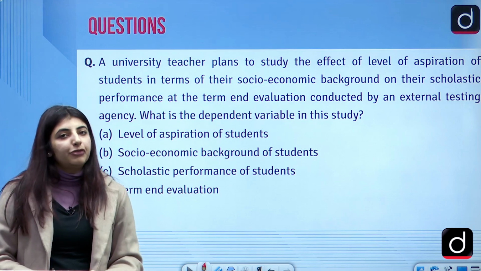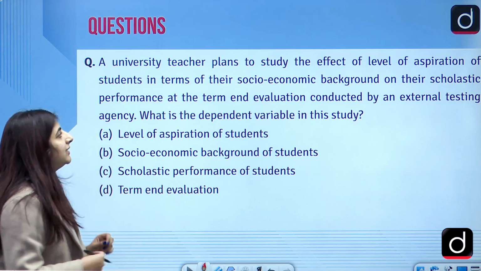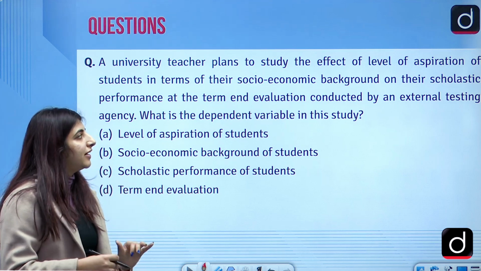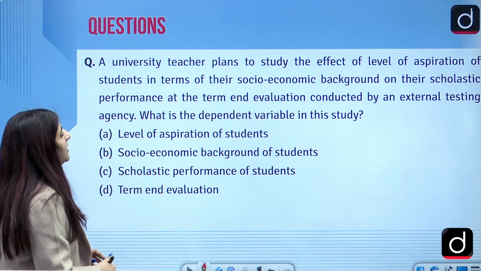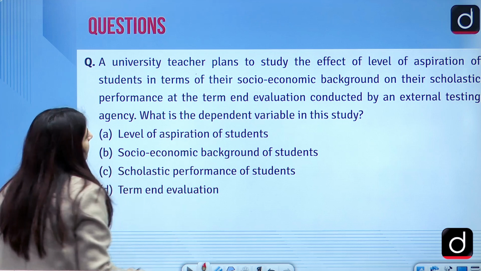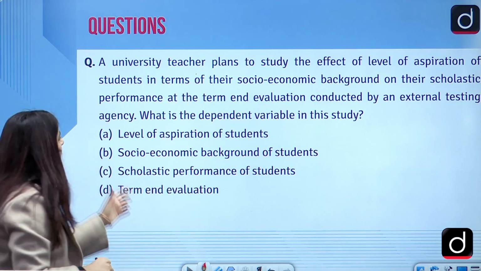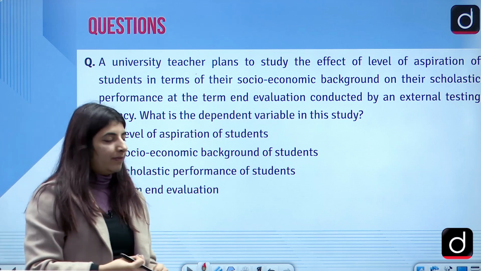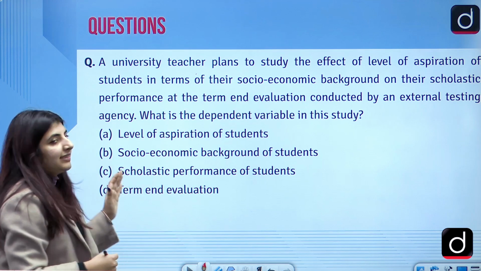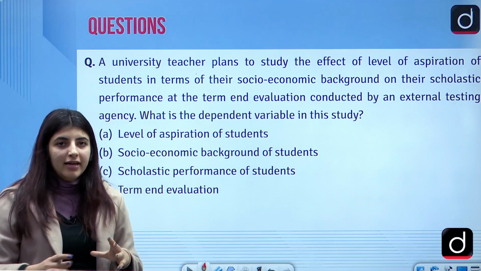Next question that I have for you is, a university teacher plans to study the effect of level of aspiration of students in terms of their socio-economic background on their scholastic performance at the term end evaluation by an external testing agency. So many heavy words.